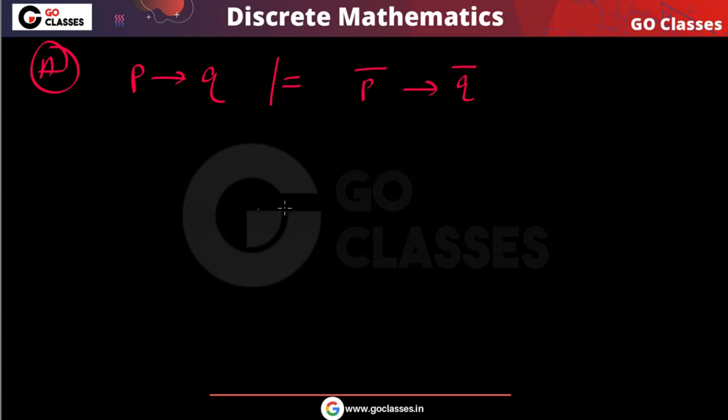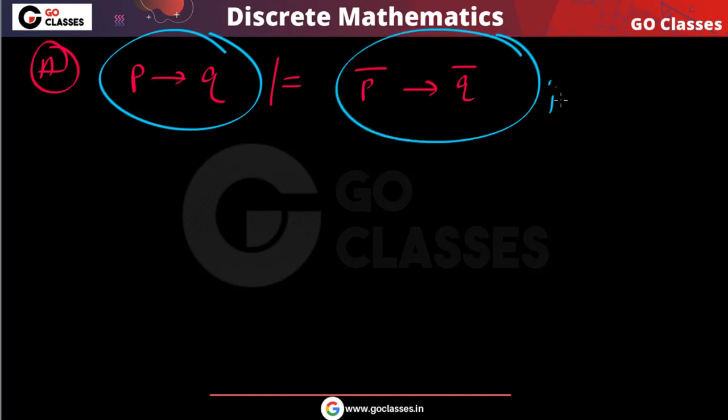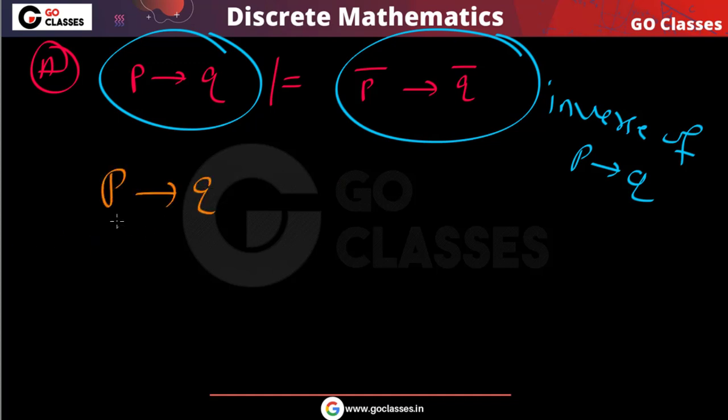You can very easily see this is not correct. Remember, this is the original statement, and this is the inverse of P implies Q. Here I can say that this does not infer this. Why? Just think about it. If P is false and Q is true, in this situation P implies Q will be true, but negation P implies negation Q will become false.